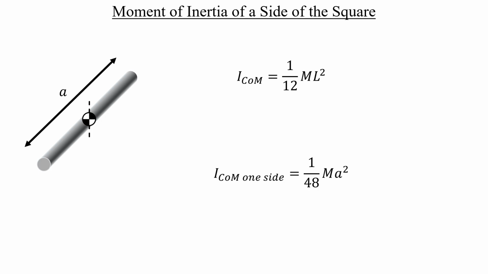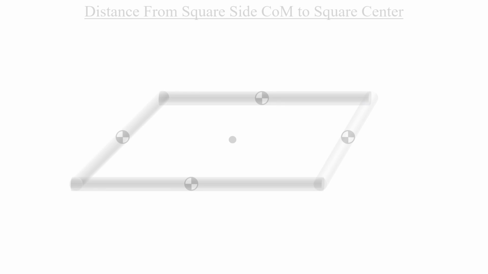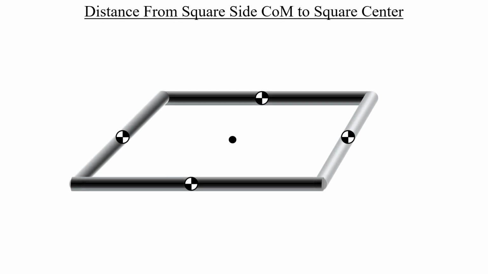The next thing to do is to figure out what lowercase d would be in that md squared term. Here's a picture of our square frame with the center of masses labeled on each side. Now remember, I said that d can be outside of the object, and that's actually the case for the very center of the square frame.